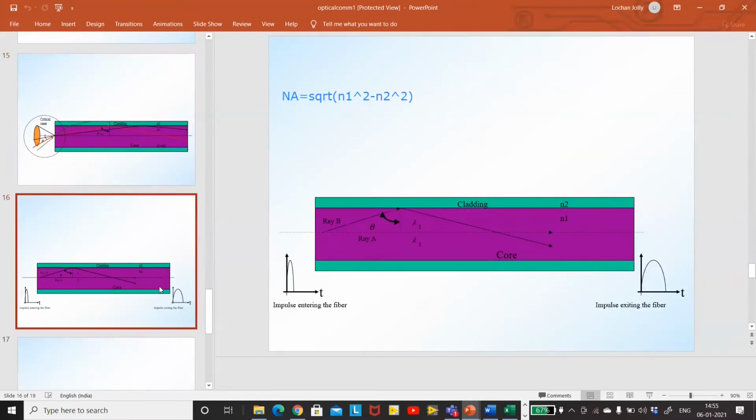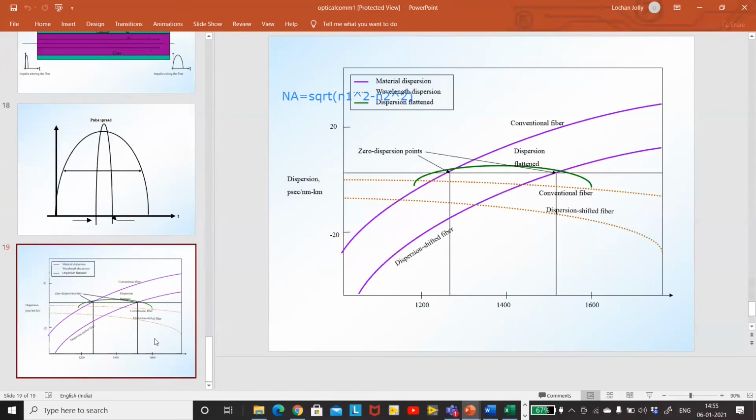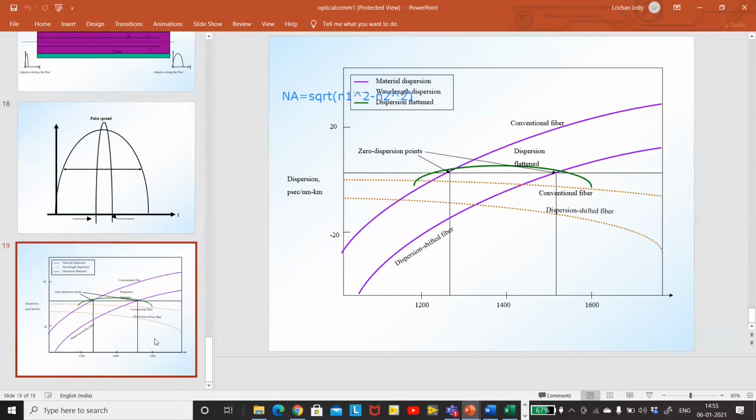Okay, and this was to represent what dispersion is and what its impact on the signal is. It is taking a larger bandwidth and reducing the number of users. Then this plot also tells you why 1330 and 1550 have minimum losses or improved signal to noise ratio. These are the points of minimum attenuation. Conventional fiber will have a zero dispersion point around 1330, and therefore this is preferred for signal transmission.